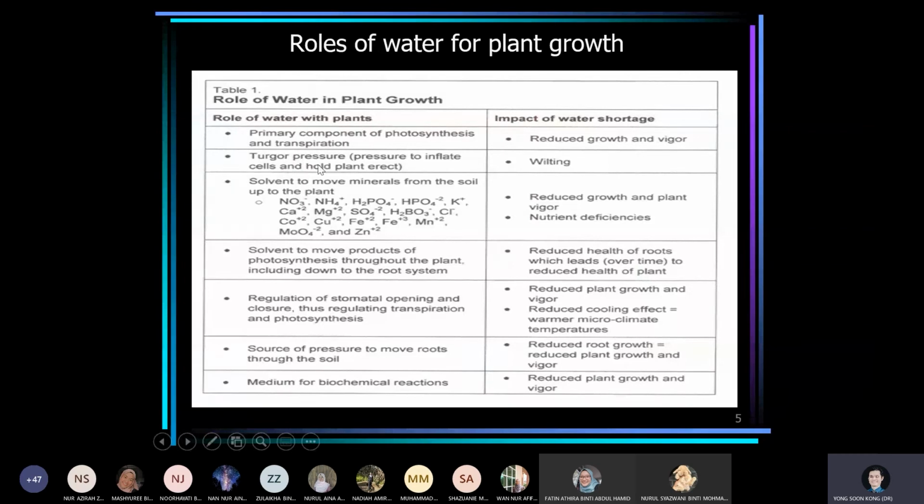Now, turgor pressure is the pressure that is exerted by having enough water inside the plant cell. By having enough water volume, the plant cell will maintain its internal pressure and therefore can sustain the integrity of the plant. Let's say, for example, if there is not enough turgor pressure due to the lack of moisture inside a plant cell, it will look like a deflated balloon.